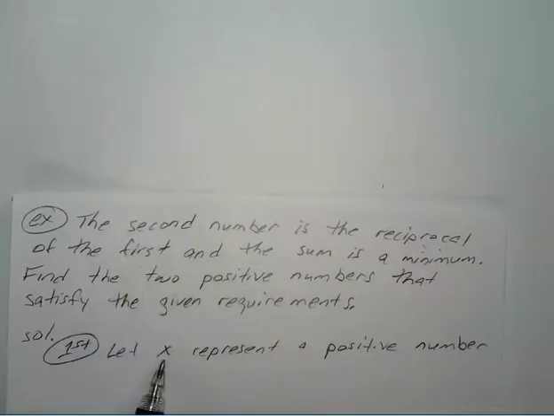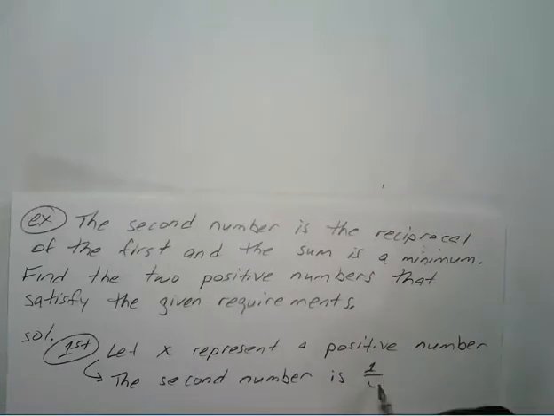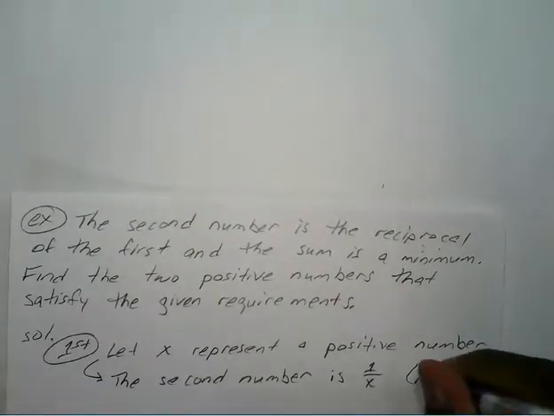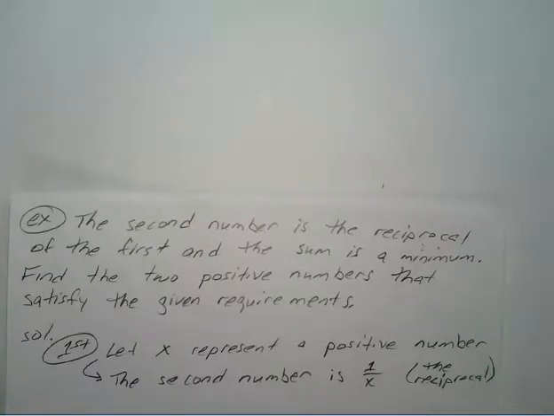So if x is our first number, the second number is 1 over x, the reciprocal of our number.